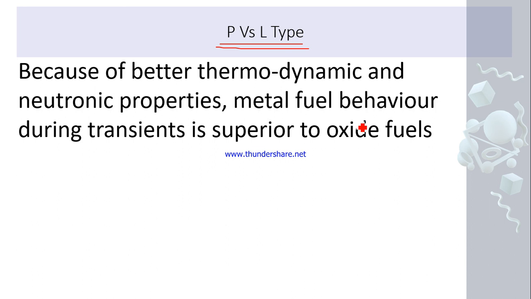If there is a blanket, there is a possibility of more leakage. If your fertile materials are outside of the main core, that is called external breeding. And if fissile and fertile materials are mixed together, it is called internal breeding. So definitely external breeding will exhibit better, controllable transient response.